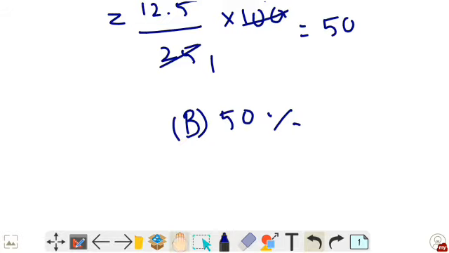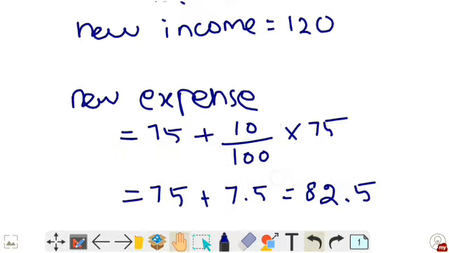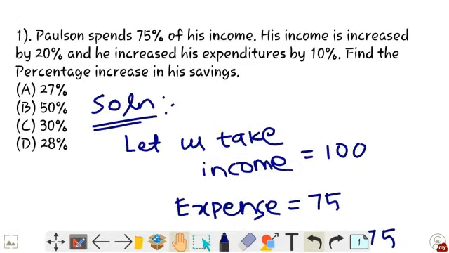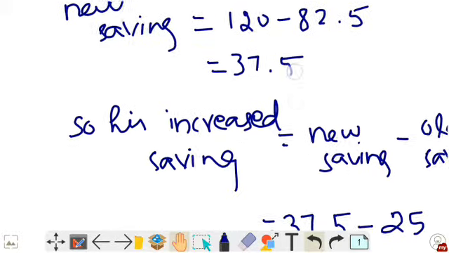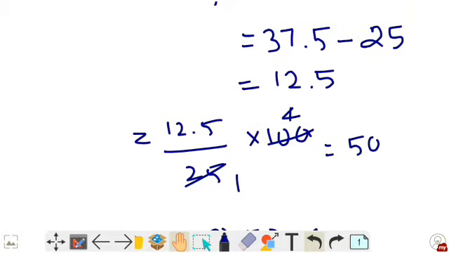So Paulson's saving is increased by 50%.